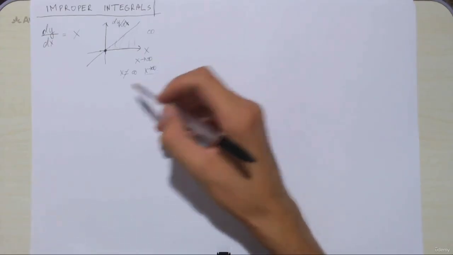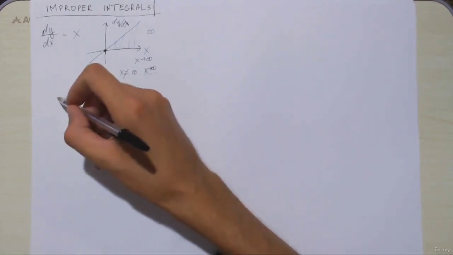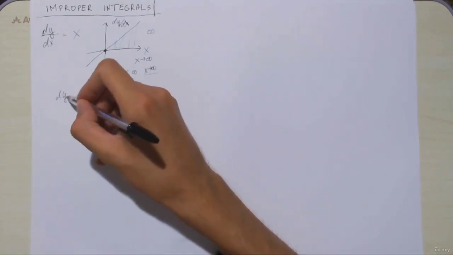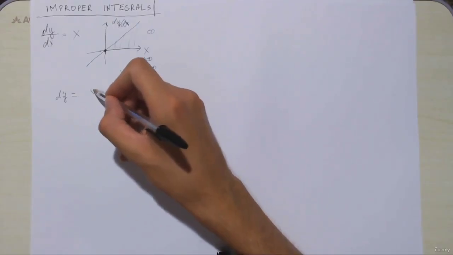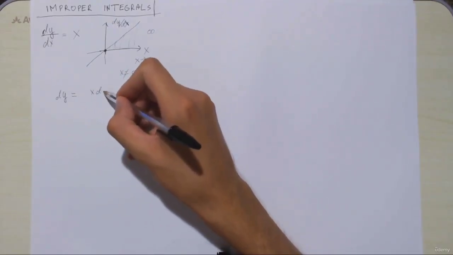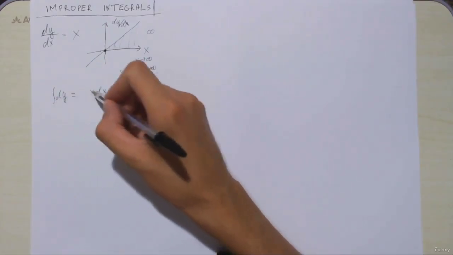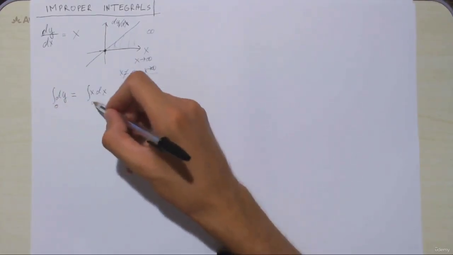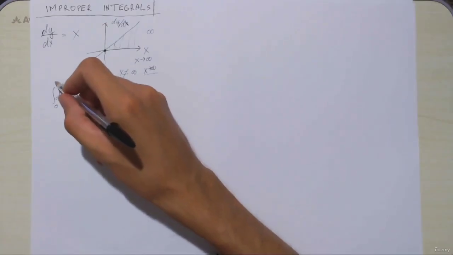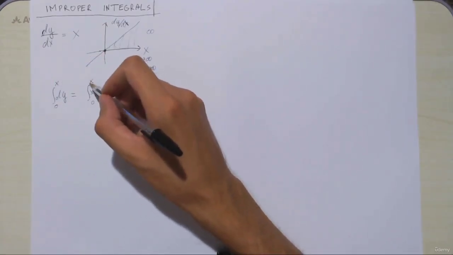Mathematically we would formulate it like this. We would have dy equals x dx. Then we would put our integral signs here. We would put 0 and x, so it's just a variable.